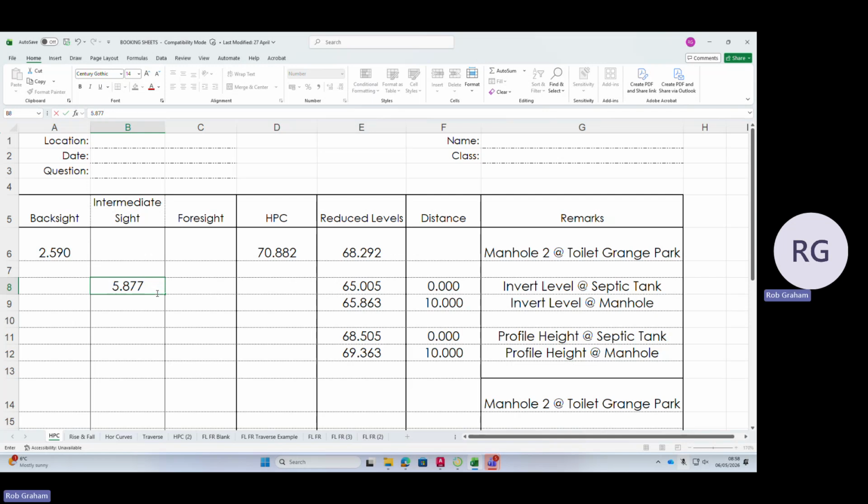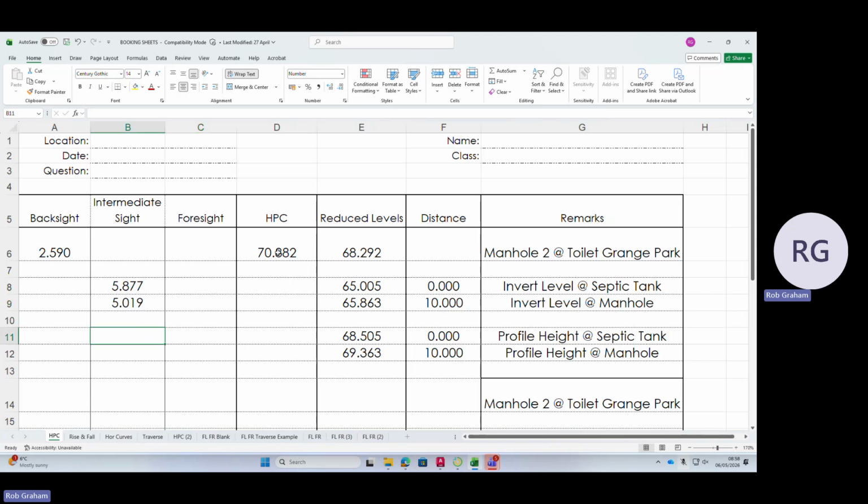If we were to set out the invert level, and 5.863 deducted is 5.019. Now, our staffs are only 5 meters long, so that's why this is generally an issue. Basically, this is why we use the profile heights.